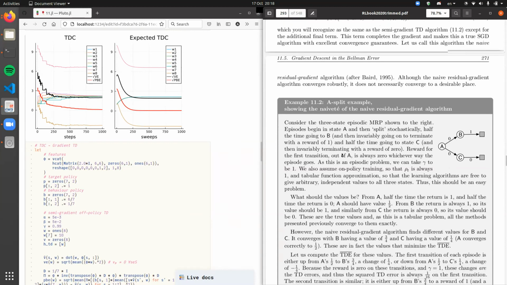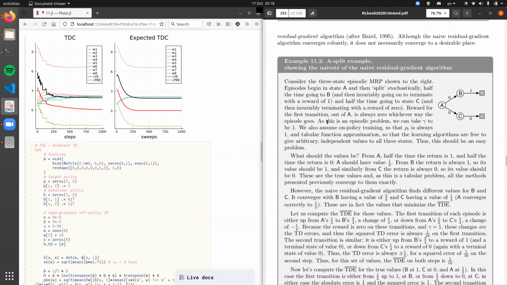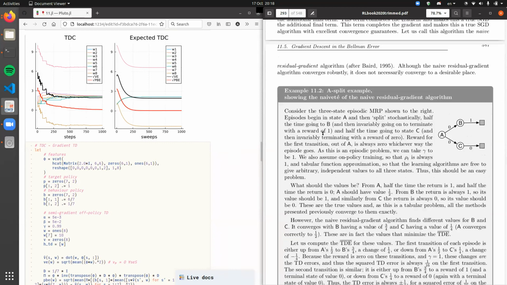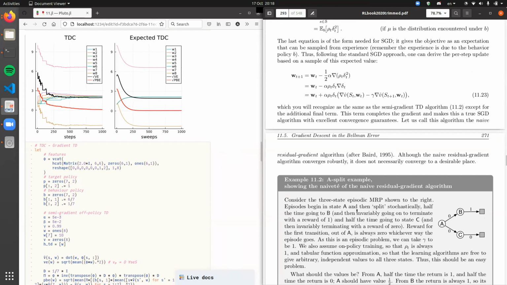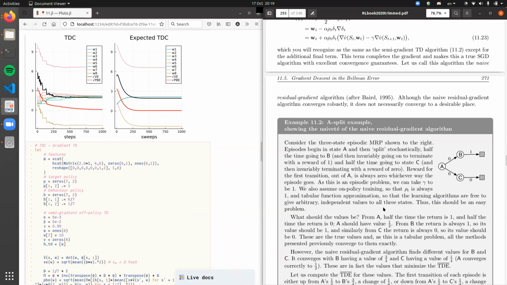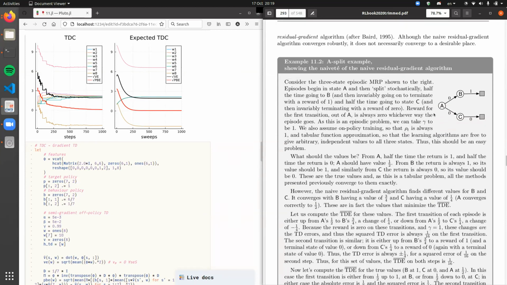Okay, and here there is an example that shows us why this algorithm fails. The value it converges to is not the value that optimizes our objective, so we do not find the true value function. Let's consider this simple example.